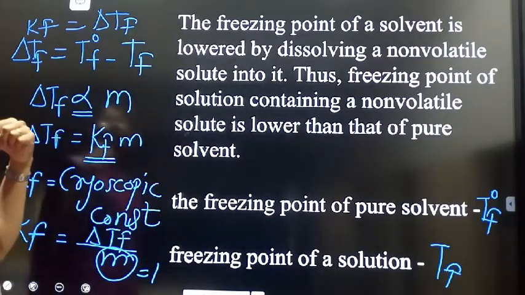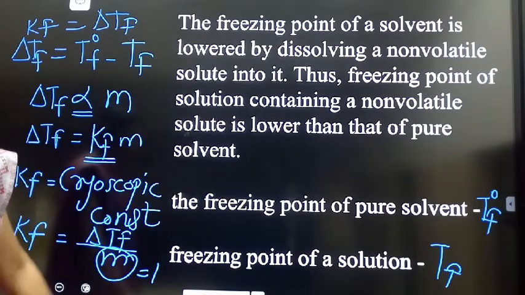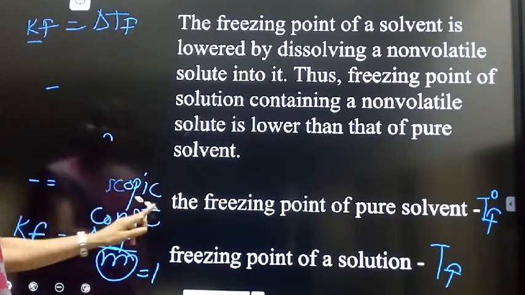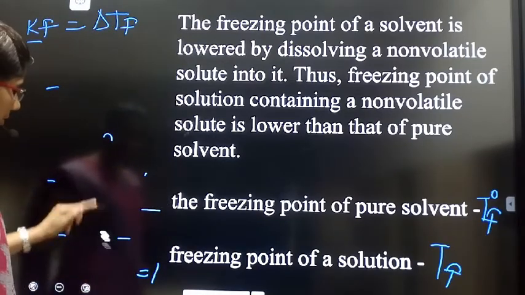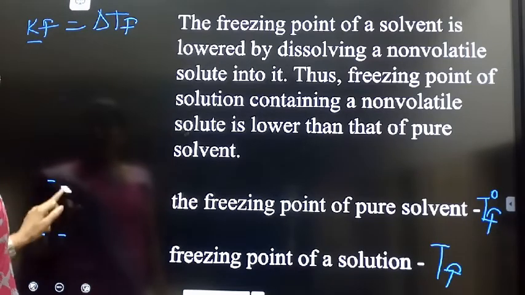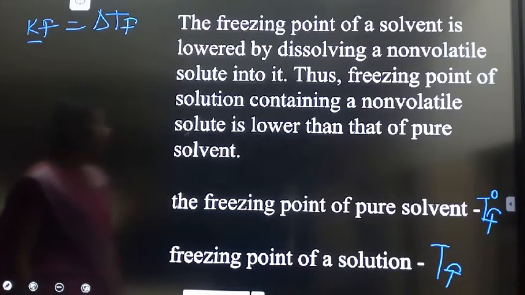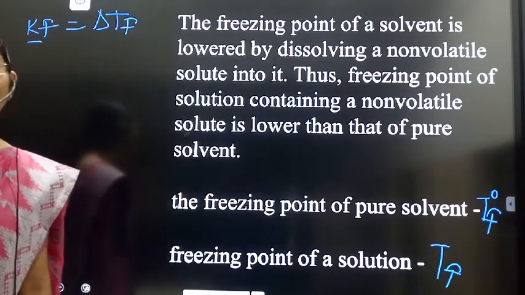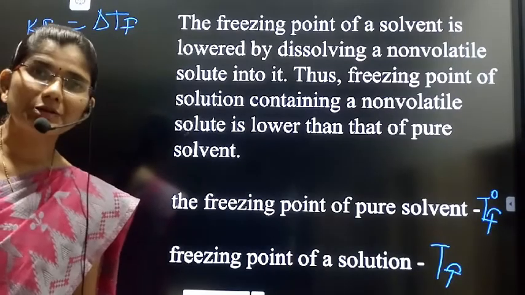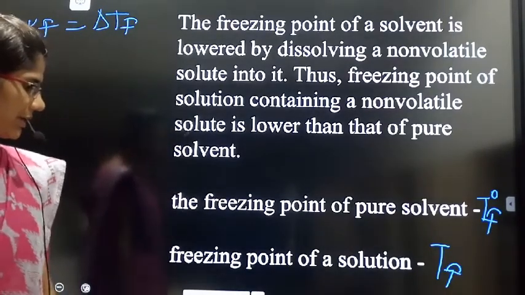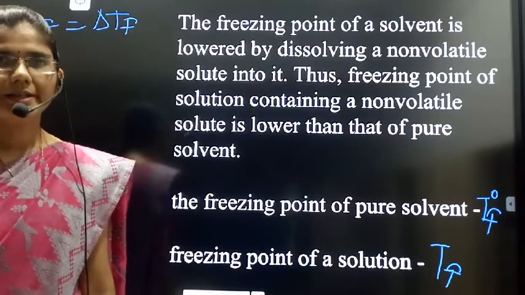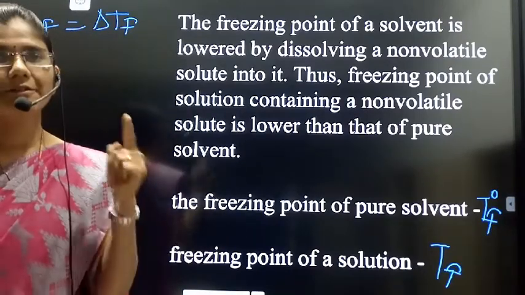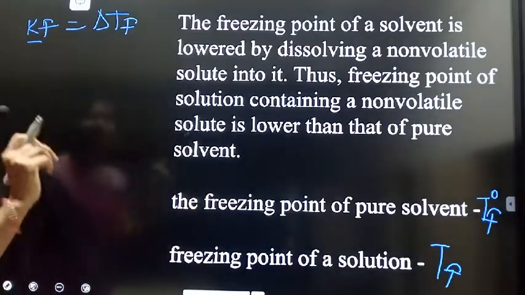Therefore, Kf is equal to delta TF, called the cryoscopic constant. Then what is the unit of Kf?